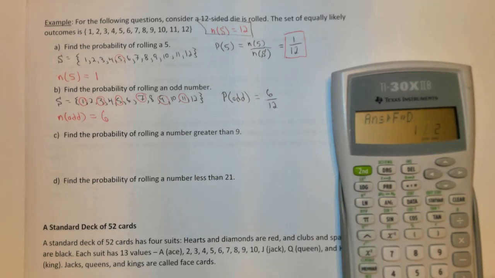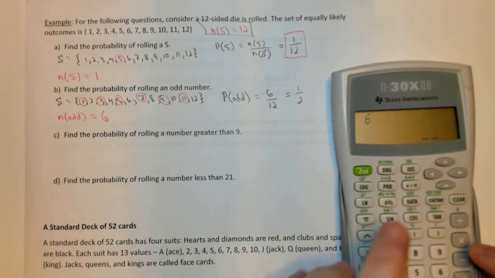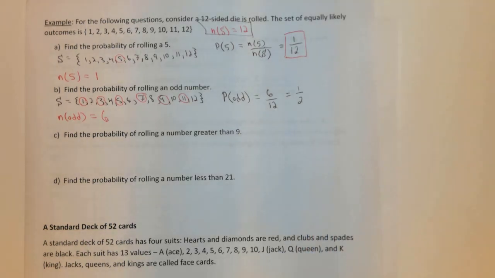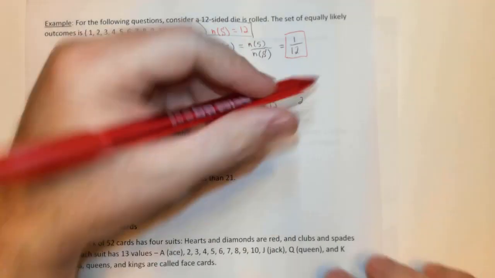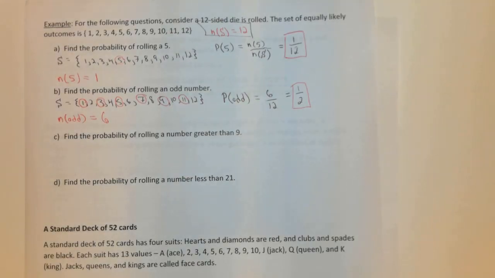Second PRB, you get 1/2. Or we could do it this way. It's fewer buttons that we're touching for the second way, but like I said, I usually just try to convert it after.